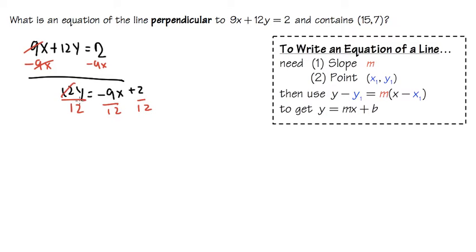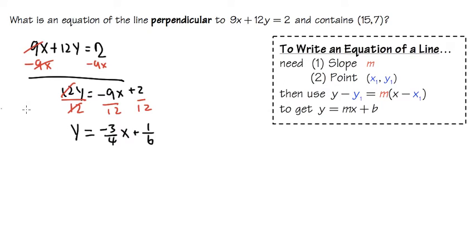This way, this and that cancel, and then I will get the y by itself. We have the y, and this is going to be, let's work this out, negative 9 over 12. We have to reduce the fraction. We will end up getting negative 3 over 4 x, put it on the side. And then plus 2 over 12, that's 1 over 6.